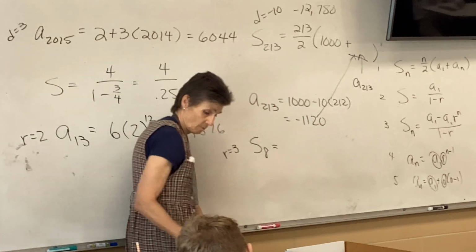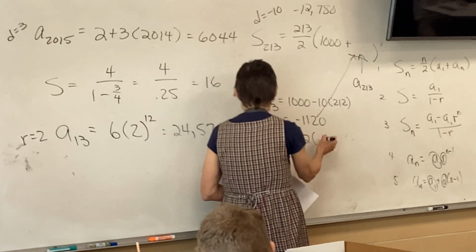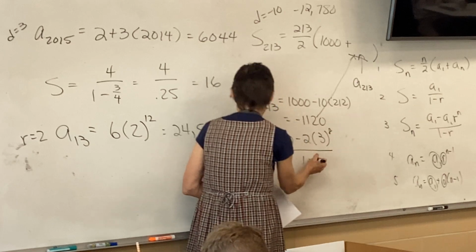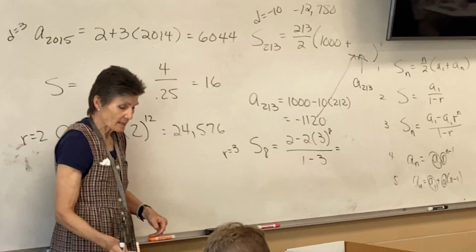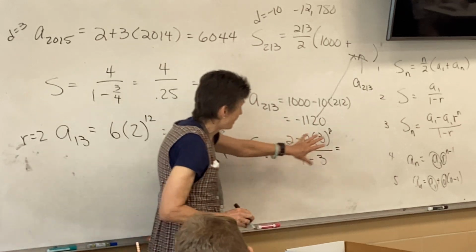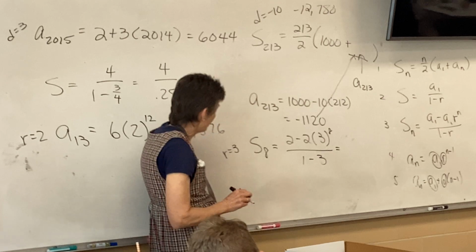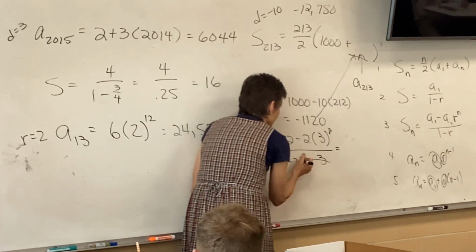So here we go. My first term is 2. Make sure that's okay. I'm just plugging numbers right into equation 3. First term, ratio, n. I'm gonna make that a -2.